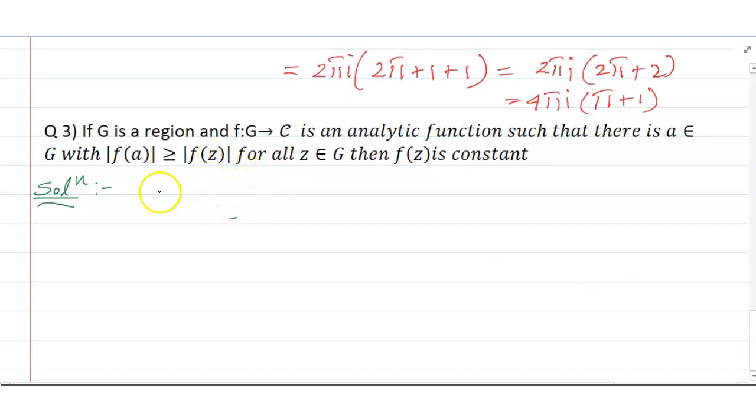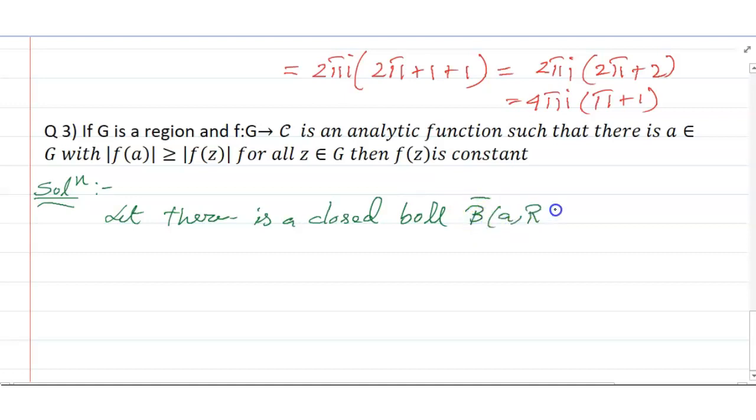So let there be a closed ball B̄(a, r). This is a ball where a is the center and r is the radius.